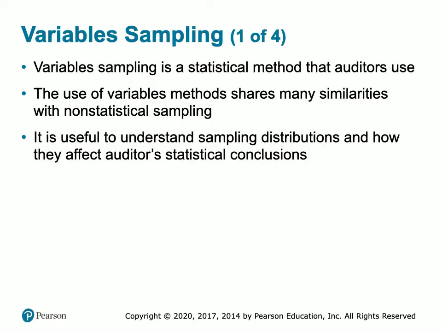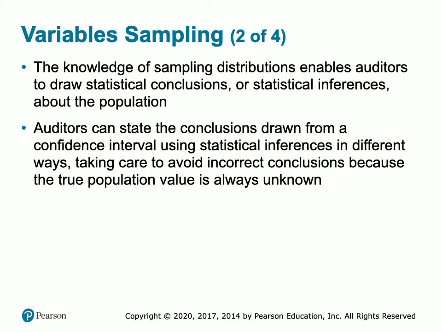Variable sampling is really about sampling distribution and looking at different elements of the transactions. This is used to state conclusions from a confidence interval because we don't know the population size.